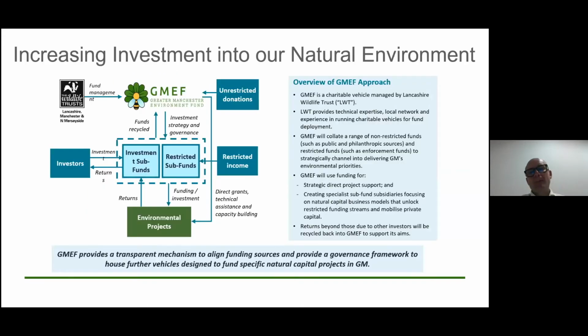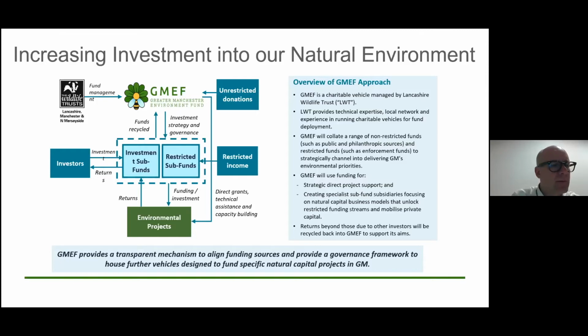So part of what I mentioned before is around looking at financing, and actually innovative financing, and this is a key thing from our point of view, looking at how we set up innovative financing to help fund our future natural environment projects, and improvements on the ground, and that includes biodiversity net gain.